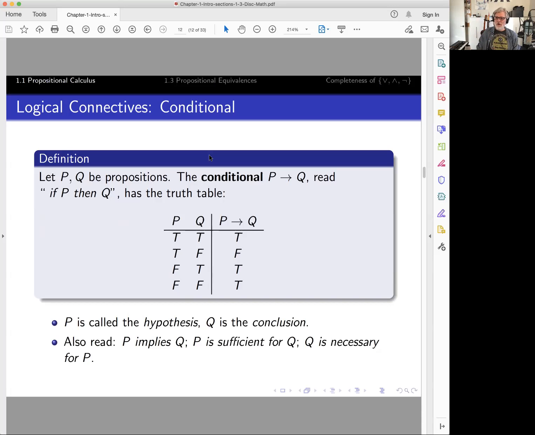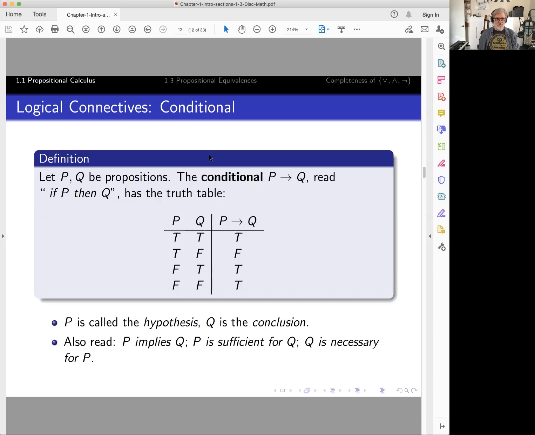So if it takes you a while, don't worry. I've been doing this a long time, and it's not immediate. I will not use sufficiency and necessity very much for that reason. But P implies Q and if P then Q are standard, and I will use those obviously.